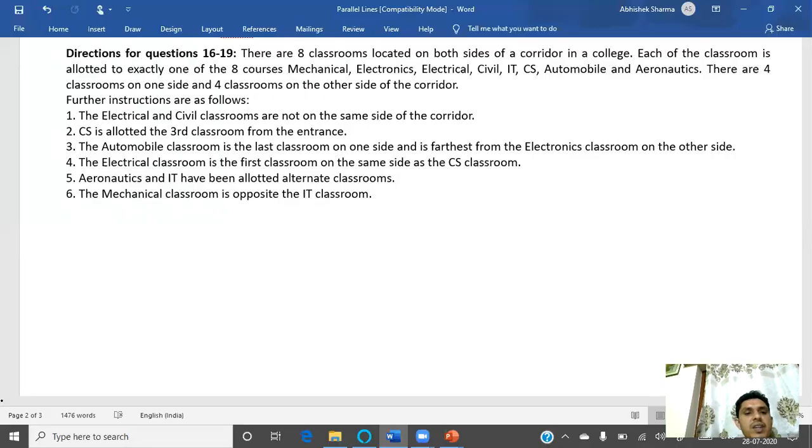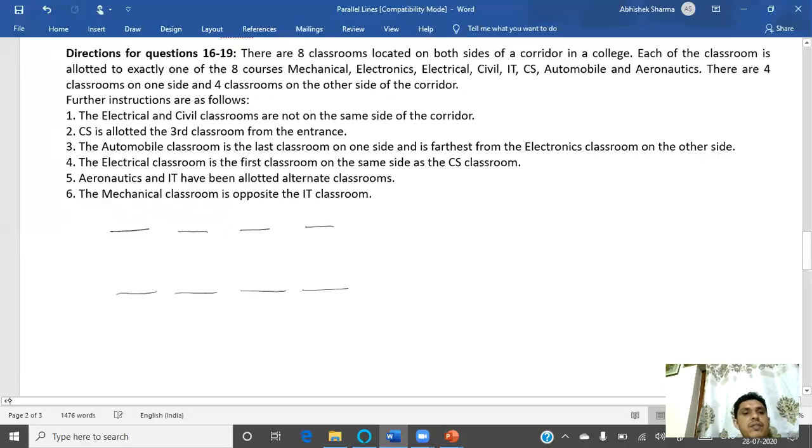So friends, we can think of it like 4 classrooms on one side, and this can be like this, or this can be like this, right? We don't know whether the entrance is from this direction or this direction, but we can take any direction as the entrance, right?